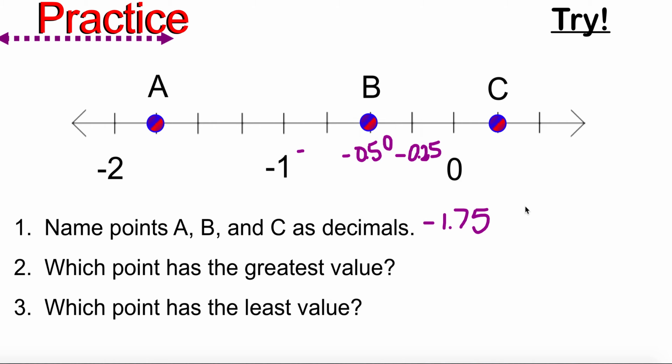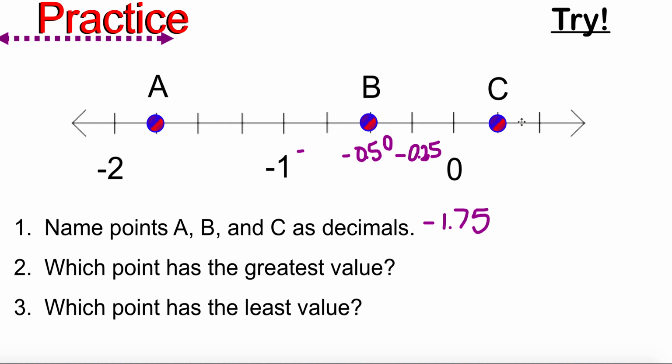Which point has the greatest value? Now take a look, what is farthest to the right? After you realize which point is which, the greatest value is the one farthest to the right.